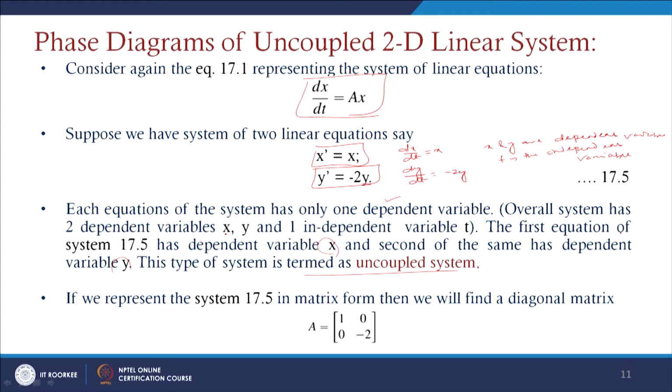The derivative of the first equation with respect to x is 1, and with respect to y there is no variable, so it is 0. In the second equation there is no variable x, so it is 0 there, and the derivative with respect to y gives minus 2. So the matrix representation is [1 0; 0 -2].